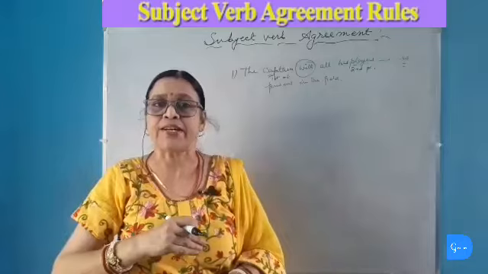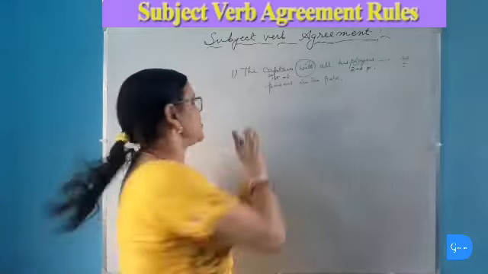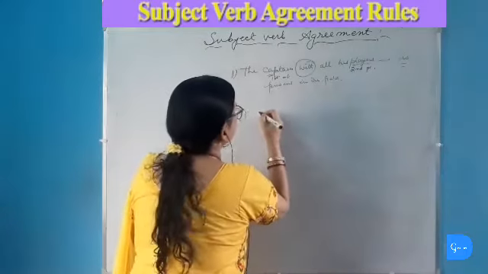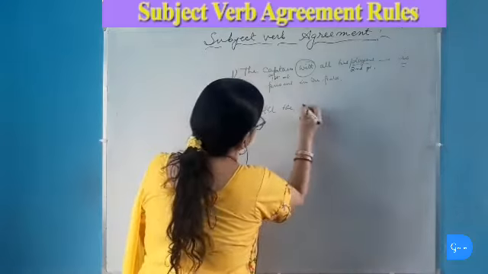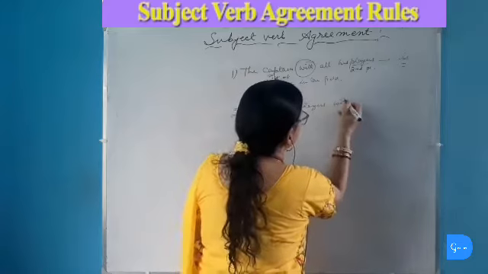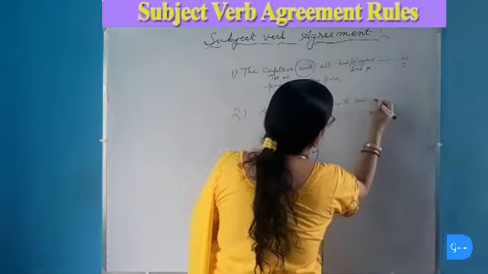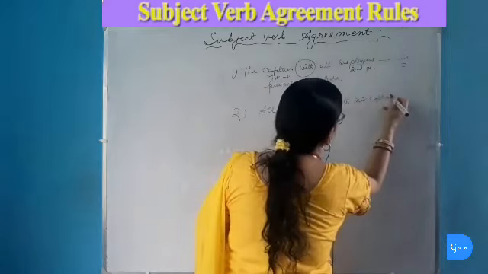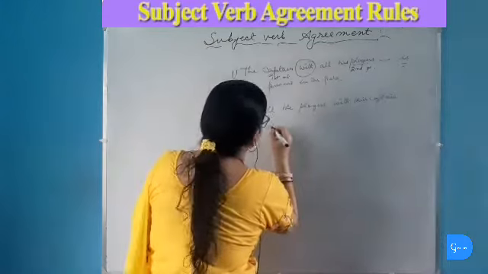The captain with all his players is present in the field. Now if we reverse the sentence, then the verb will also change. For example, all the players with their captain dash present in the field.